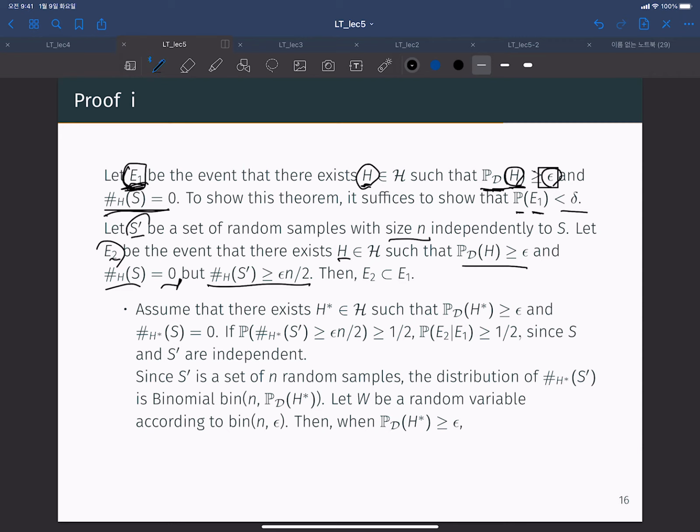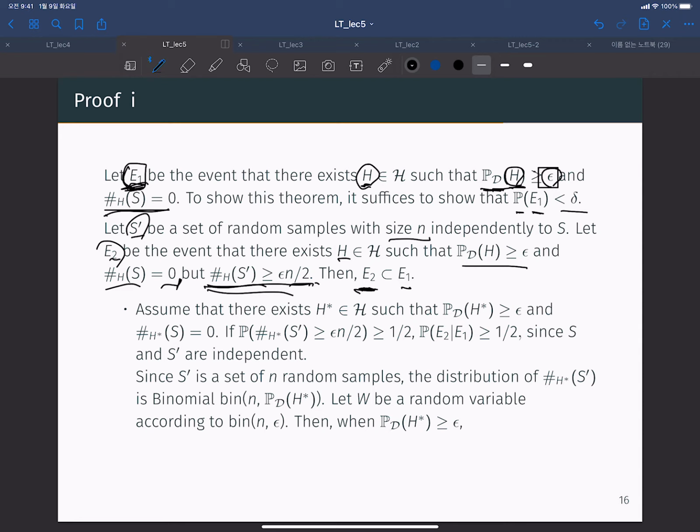For that S prime sample, the n additional random samples, the number of data points in S prime that are also members of H is greater than or equal to epsilon times n over 2. Then of course E2 is a subset of E1, because the E2 event has one more condition.